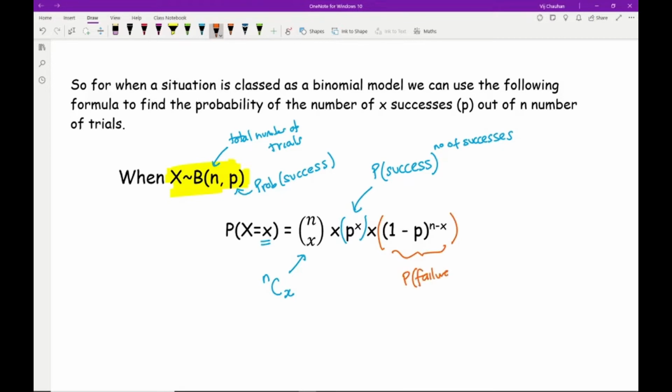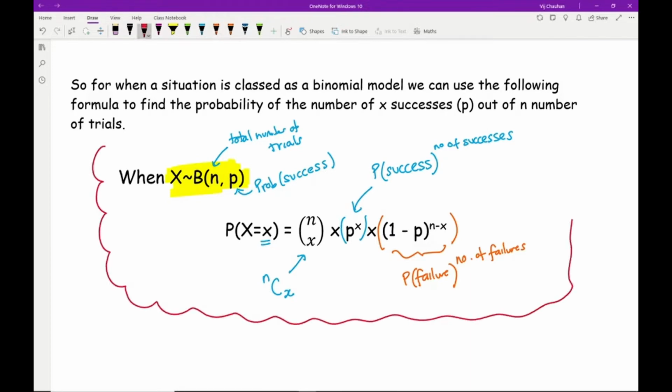So if p is the probability of a success, 1 minus p will be the probability of a failure, to the power of the number of failures, which, if we have n trials, take away the number of successes, is n minus x. This is the general formula that you need to remember when working with binomial distribution probability questions. It's definitely something I recommend you make a note of.